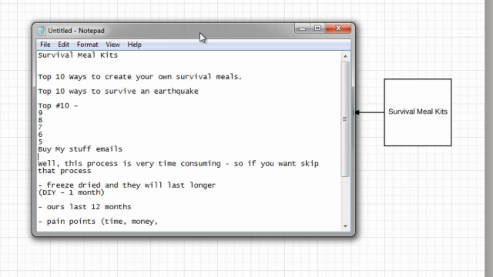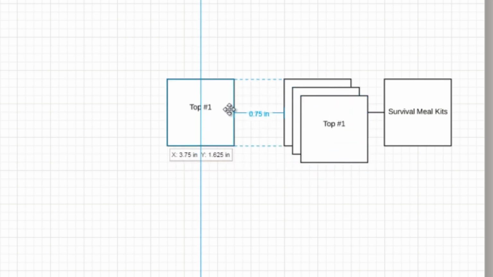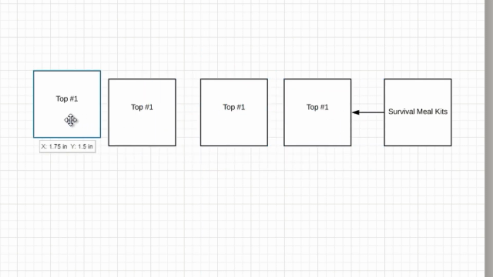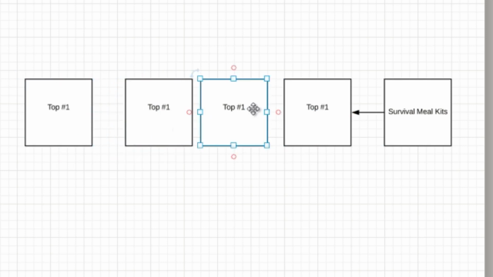So by working backwards, we can say, okay, this can be number 1, and then this can be 2, 3, 4, and 5. So we can work that in here. Let's just do 4, just because the screen's only so big.